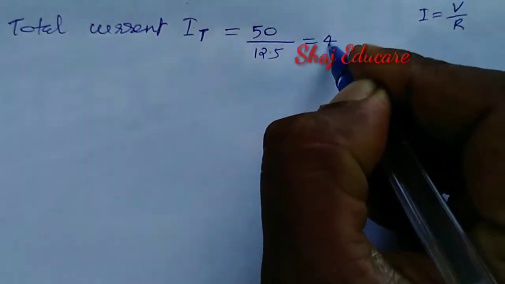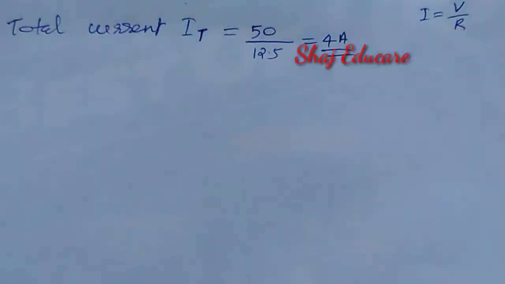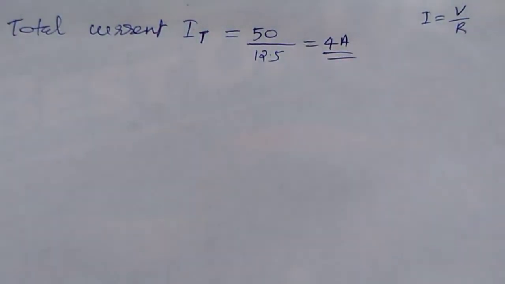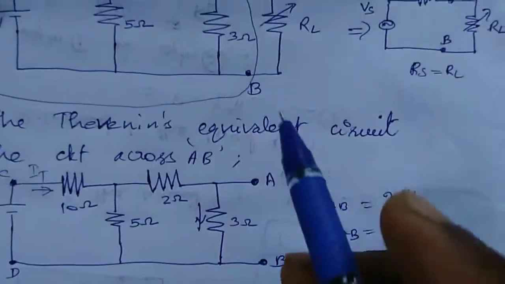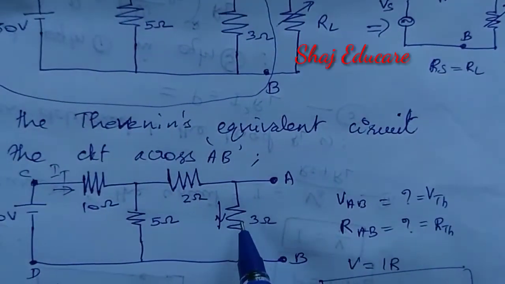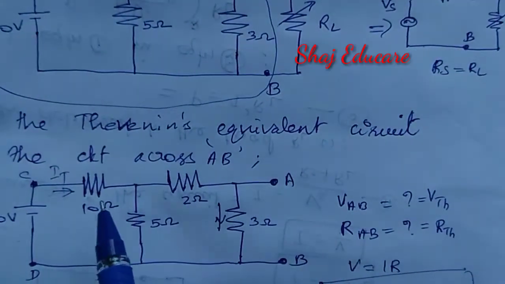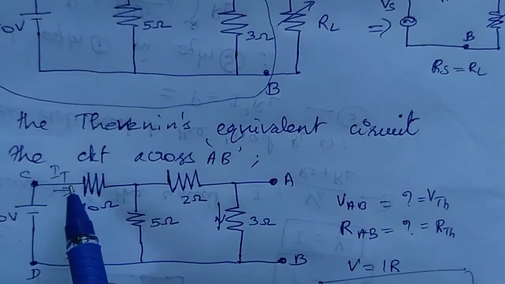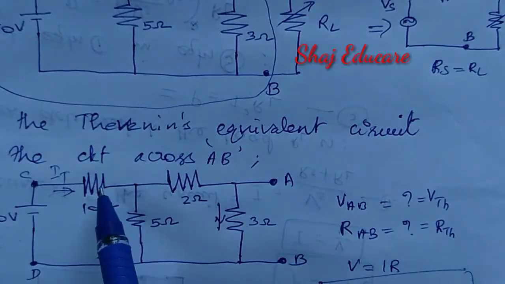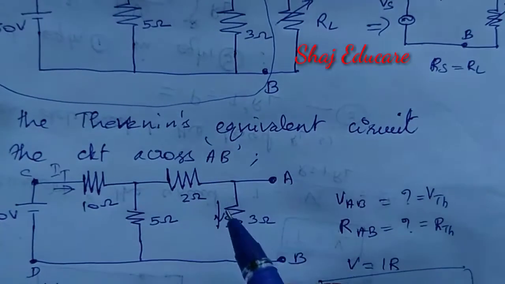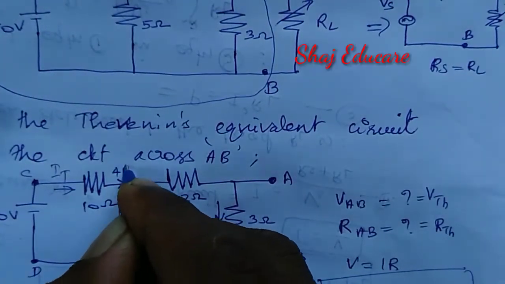That is equal to 4 ampere. Actually, our purpose is to find the current flowing through the 3 ohm resistance. For that purpose, we found the total current IT. Then IT is equal to 4 ampere.